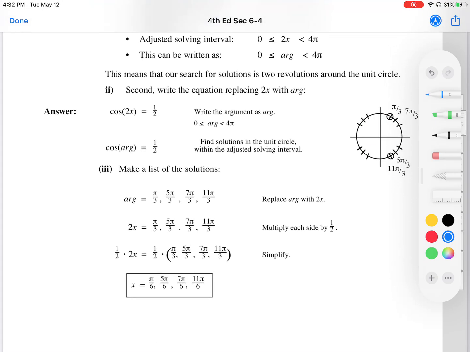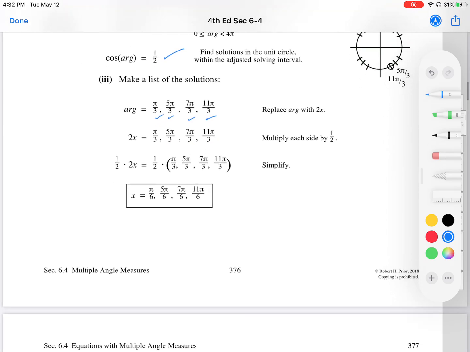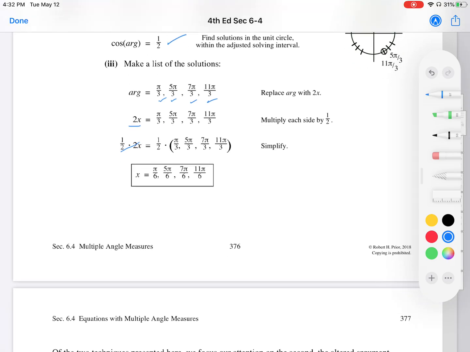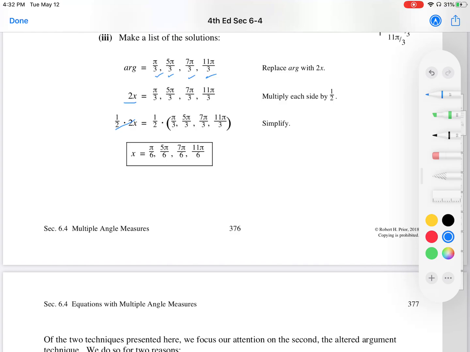So our interval will now be from 0 to 4 pi. And for arg, we get the answers of pi over 3, 5 pi over 3, 7 pi over 3, and 11 pi over 3. Then we divide our answers by 2, or multiply by 1/2, so we can get x by itself, and so our answers are the same as above.